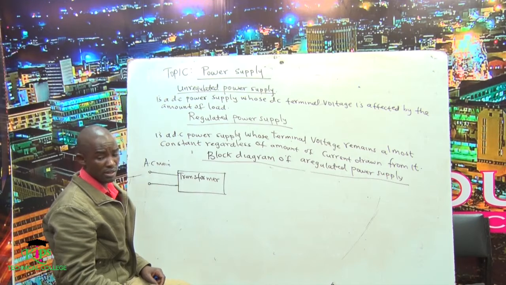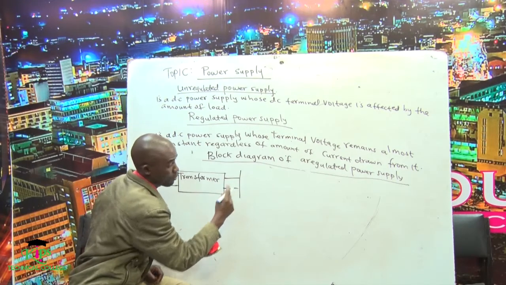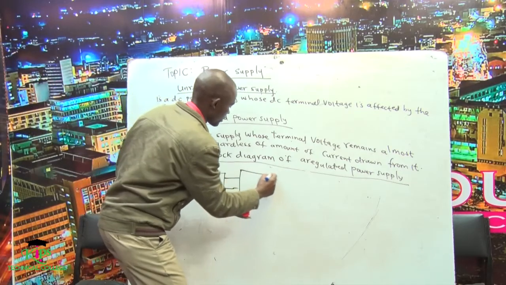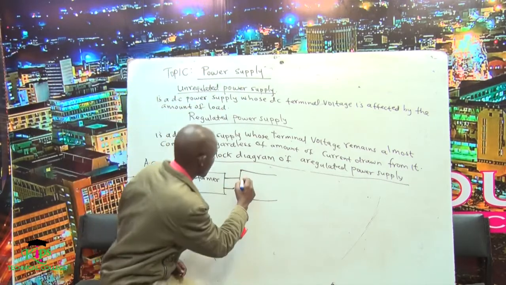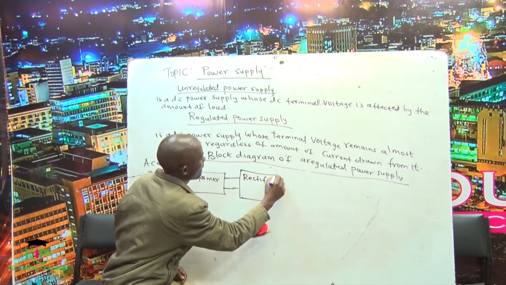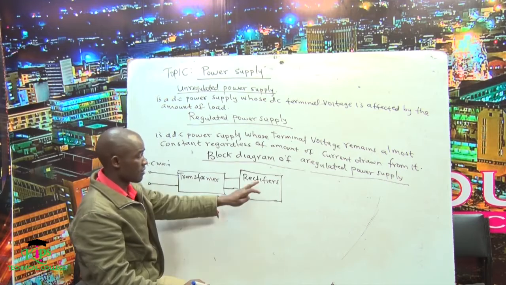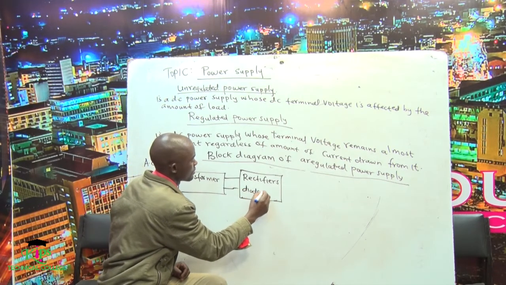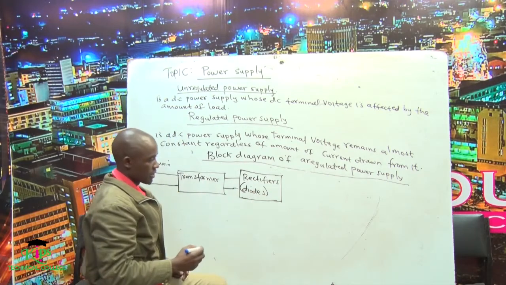And then after that, we will now move to our next component. Our next component will be the rectifiers. In rectifiers, we normally use diodes. We use diodes to do rectification.